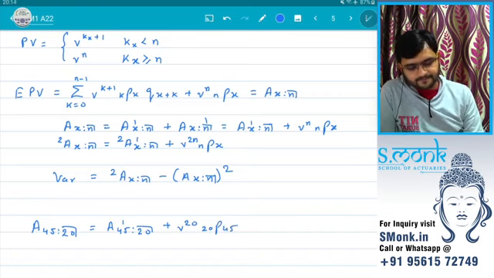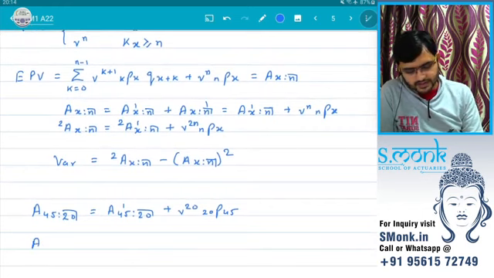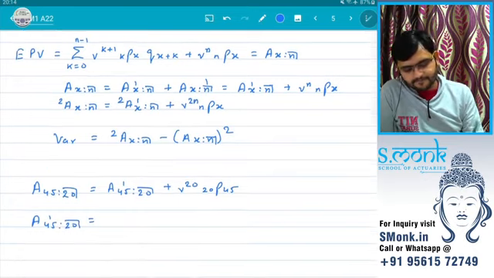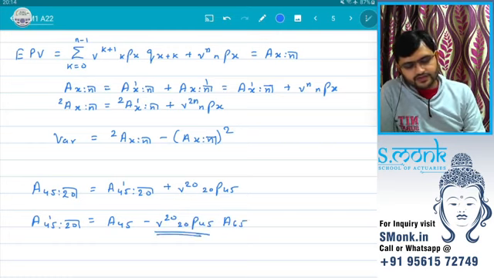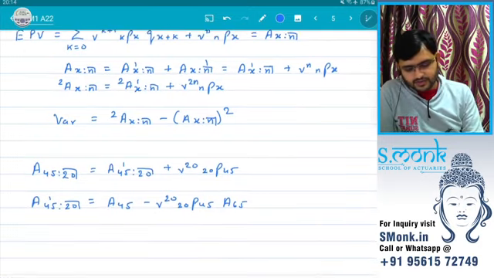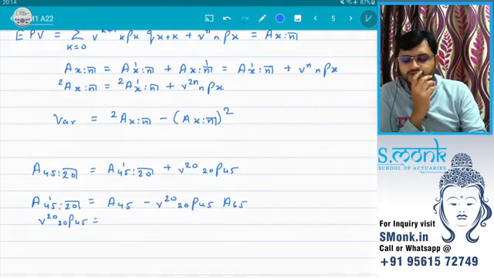If I want to find A 45 dash 20, I'll say we'll have A 45 minus v raised to 20 20p45 A 65. So I will require v raised to 20 20p45 two times, so I will calculate this separately so that we can use it two times.